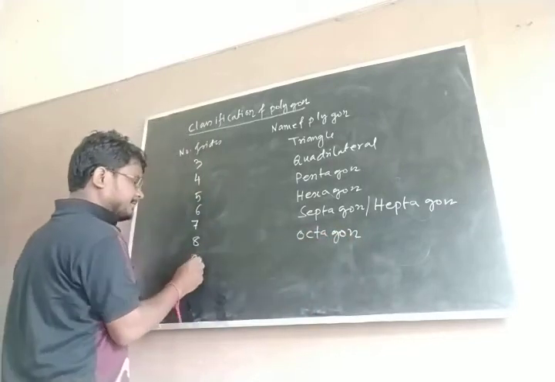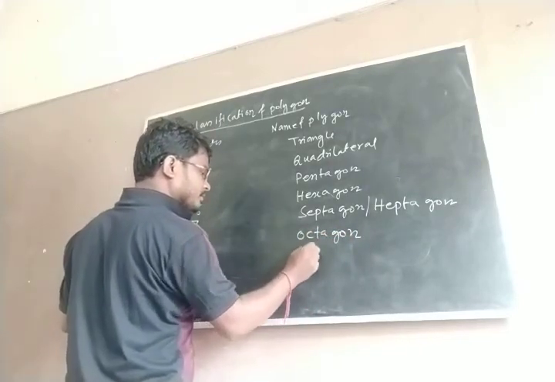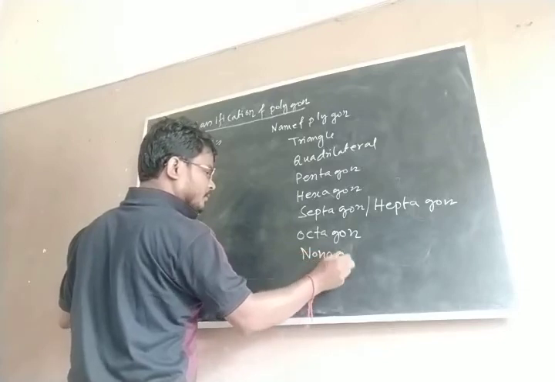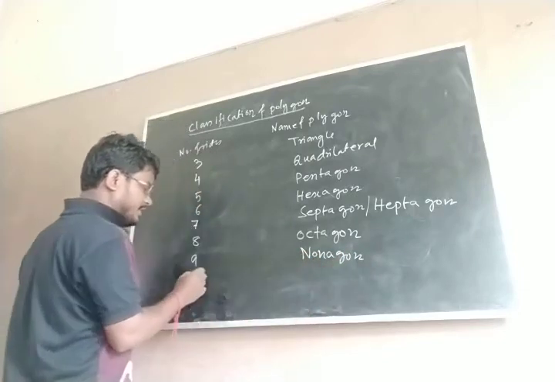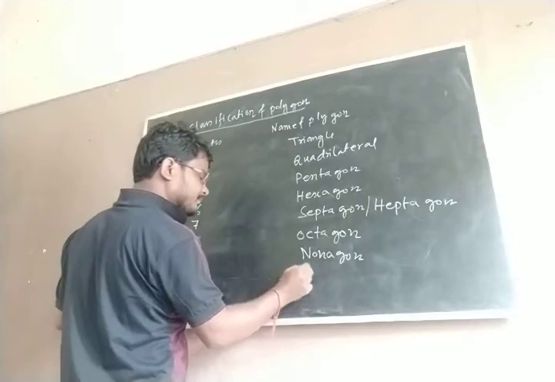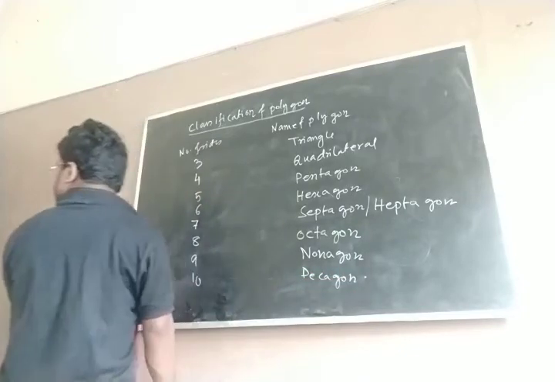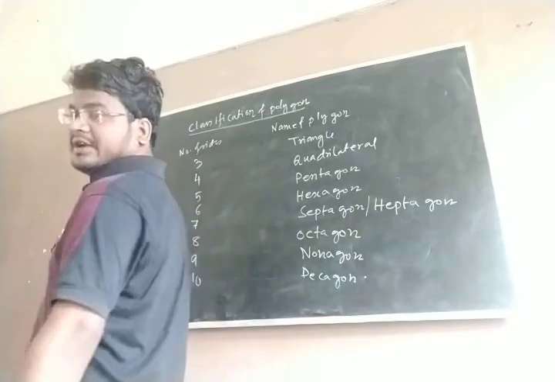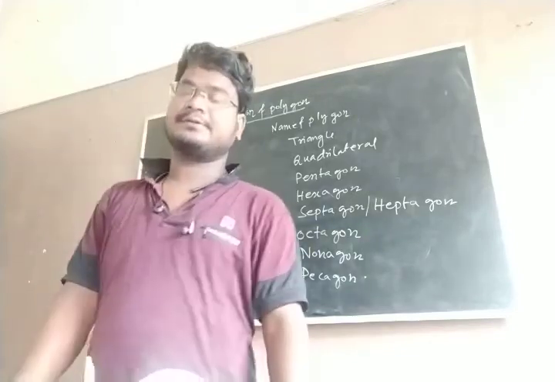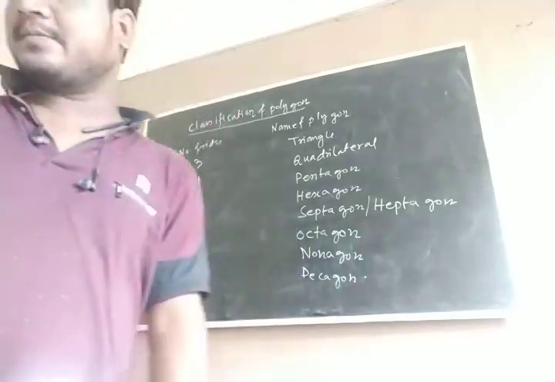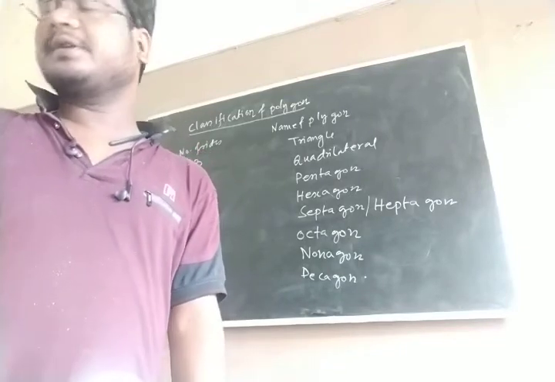The side is 9. The side is 10. So there are different numbers of sides and different names.